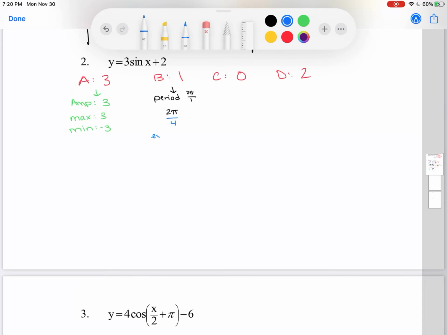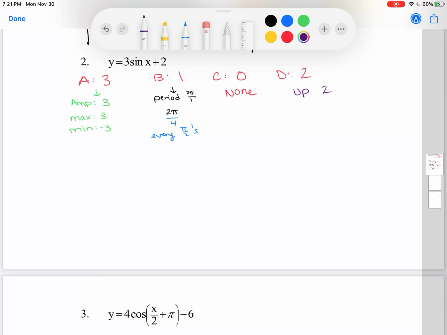If we divide that by 4, I want to go every pi over 2 when I simplify that. C is 0, so I have no changes left or right.